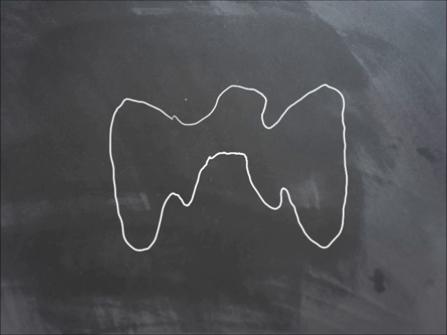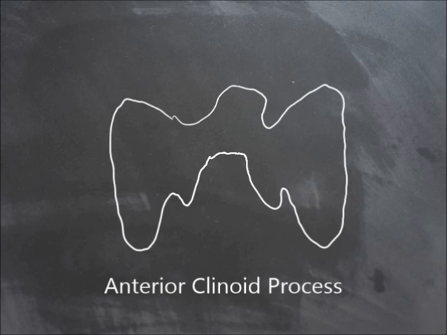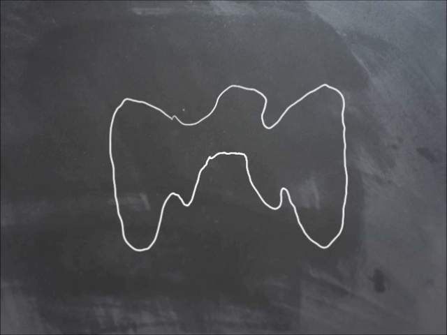So here and here, these are called the anterior clinoid processes, and they're part of that sphenoid bone, the lesser wings. Okay, we've got a lot of foramina in this fossa, and a lot of features.